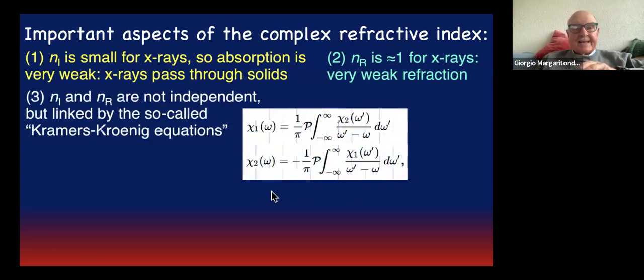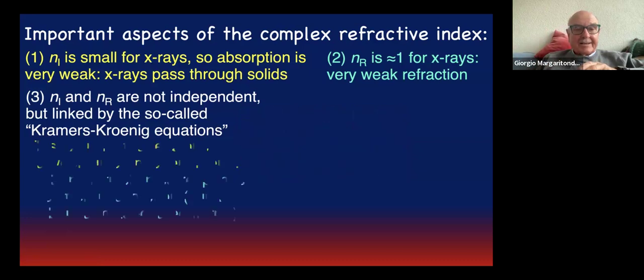The other important point is that the two factors, that is the imaginary part and the real part of the refractive index, are not independent, but they are linked by the so-called Kramers-Kronig equation. Don't be scared, we are not going into these complicated equations. Let me just tell you that you can derive this from very general conditions, like the condition of cause and effect. But the net result is that the two kinds of phenomena are not completely separated, but they are linked.